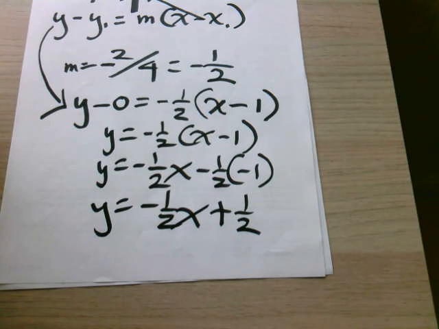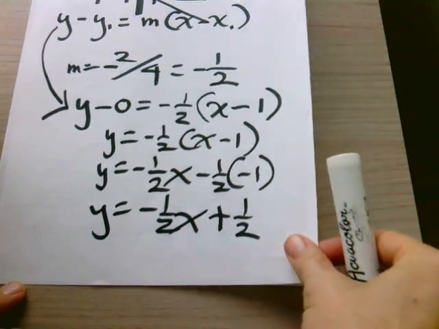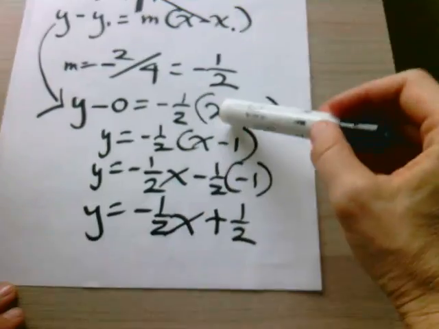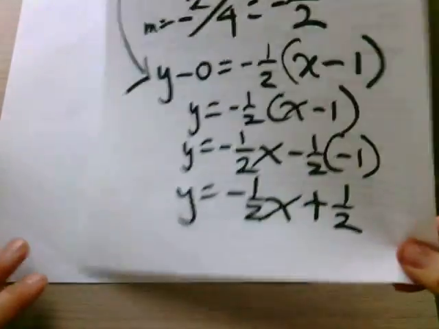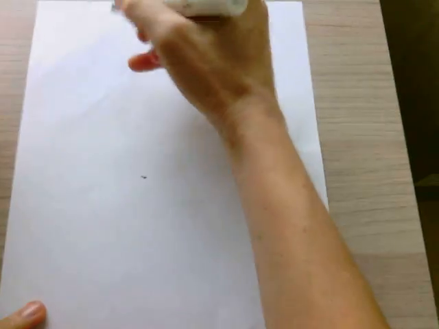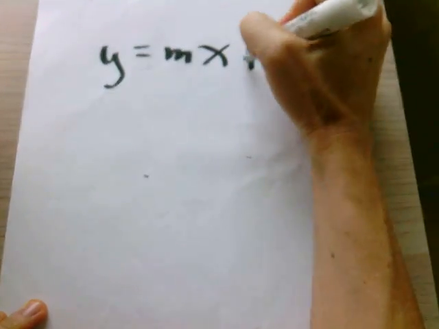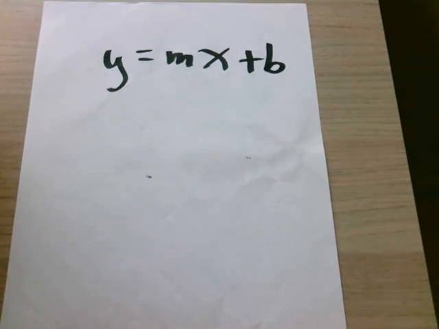Another way, I don't know how your teacher wants your answer, but we can also do it in point slope form. No, actually, this is point slope form, but we can do it in slope-intercept form. And that is y equals mx plus b, and b is the y-intercept.